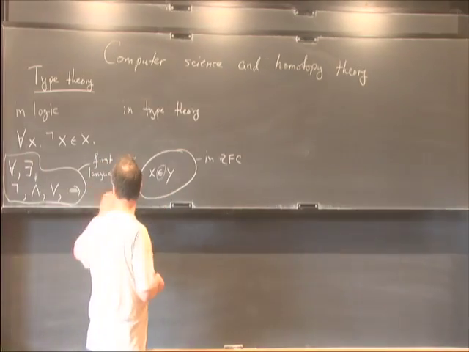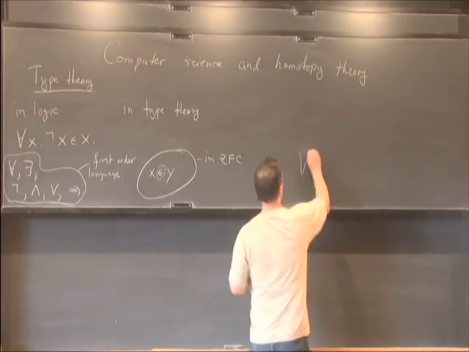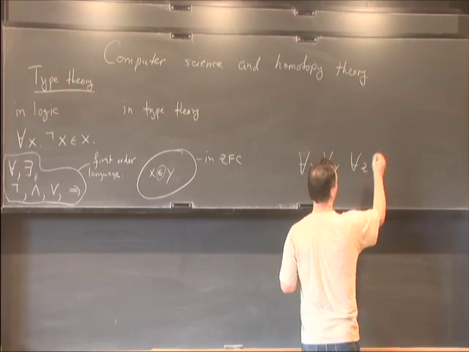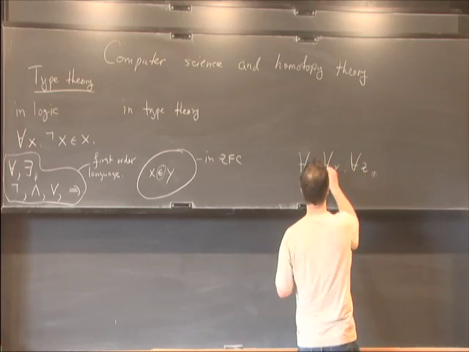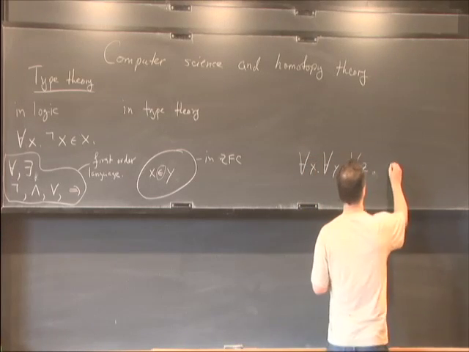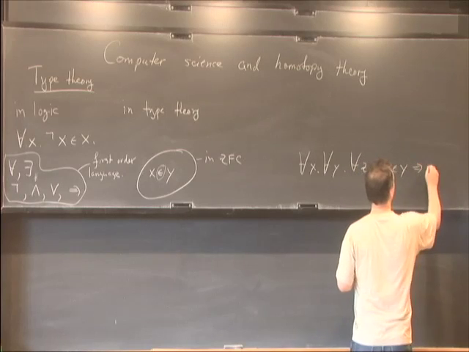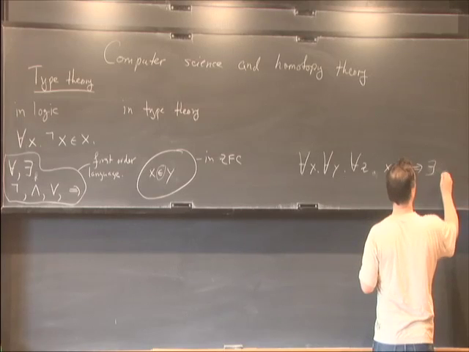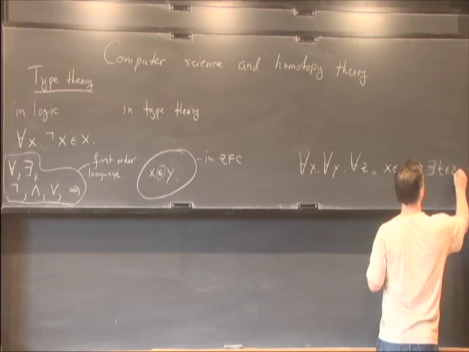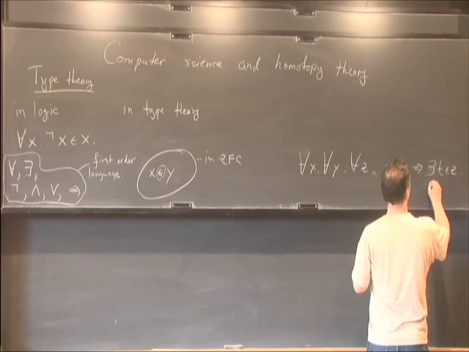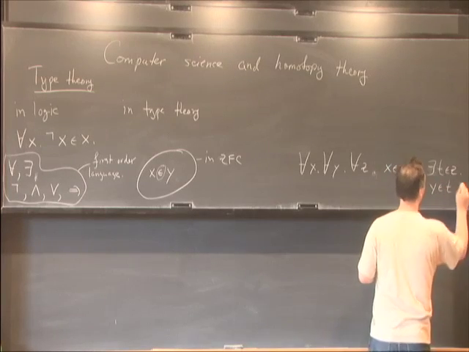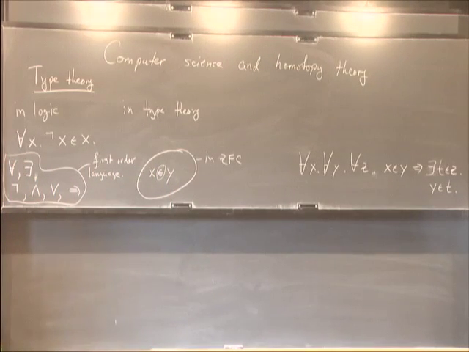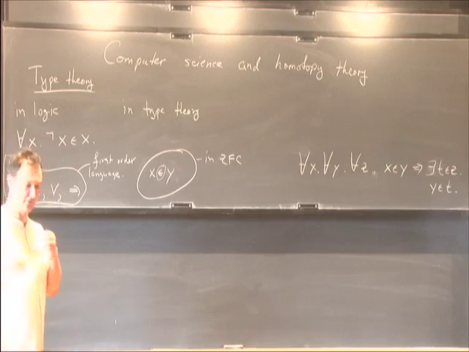So this is a logical statement, and then I can make something like: for all x, for all y, for all z, x belongs to y implies y belongs to z, there exists t in z such that y belongs to t. That would be a slightly more complicated statement, quite typical one in Zermelo-Fraenkel theory.